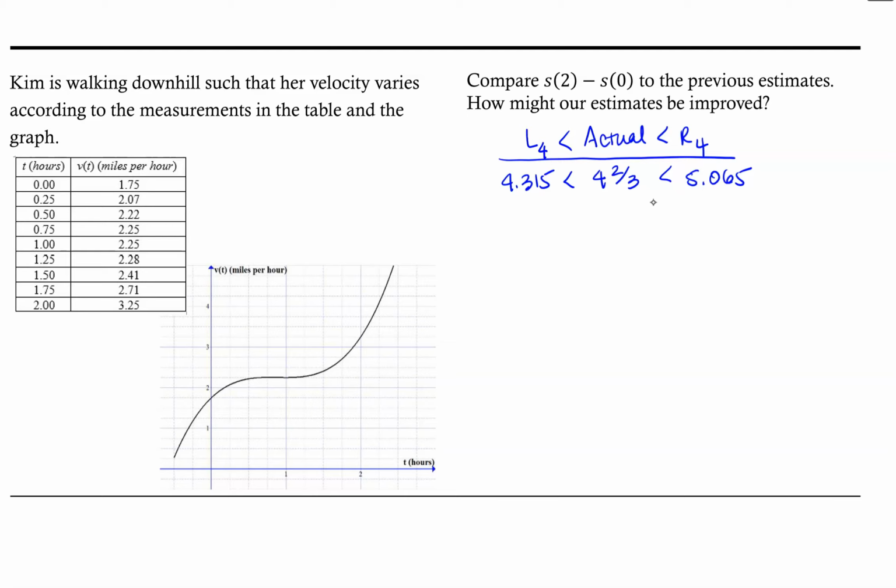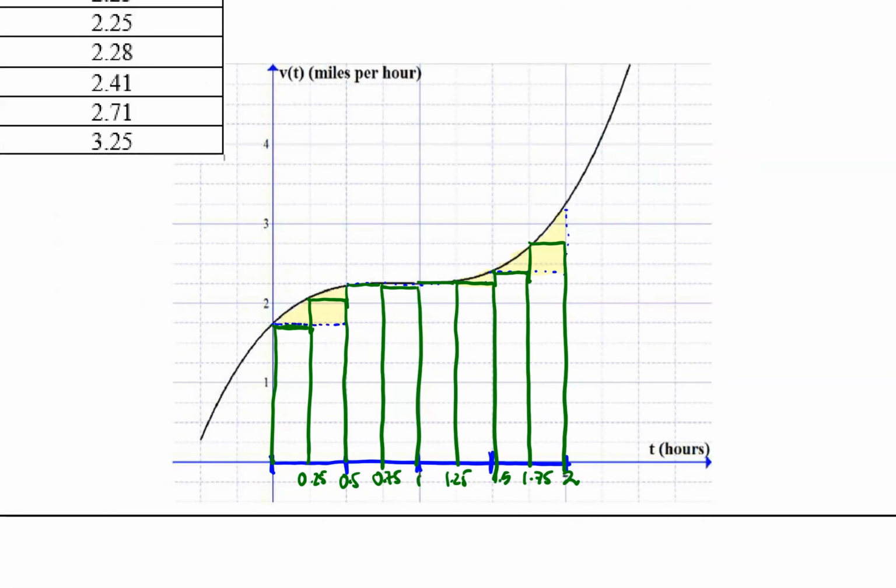So we're not going to compute it, but let's just take a look at a visual of what that means. So here's a quick visual using left endpoints but smaller intervals. Instead of using 0.5 hours to create the rectangles, we could use 0.25 hours or a quarter of an hour.